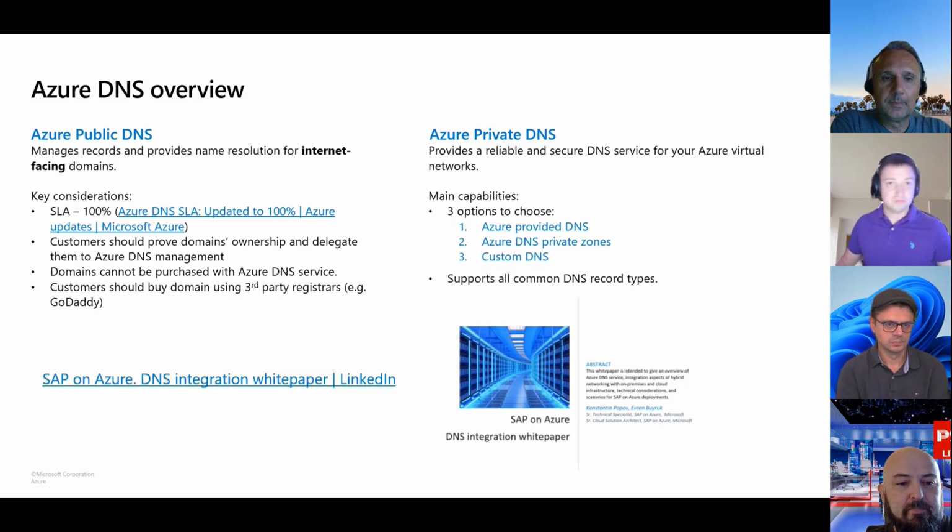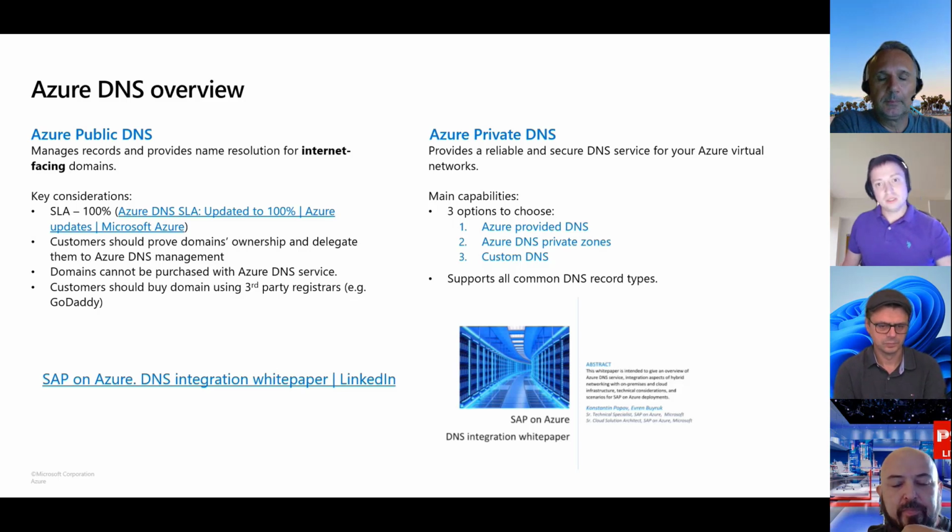If there is an outage in one region, that means nothing, because there are still 60 plus Azure regions which can serve DNS records for publicly addressable domains. This is a cool thing. And unless the whole globe goes down, the SLA would be 100%.